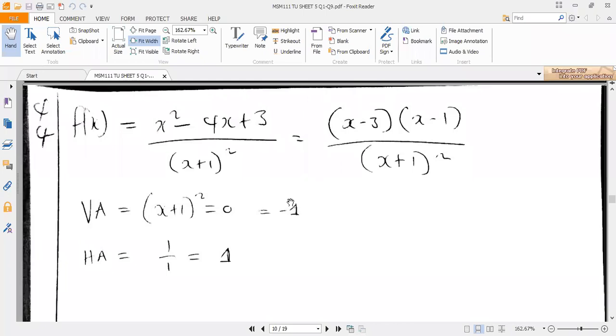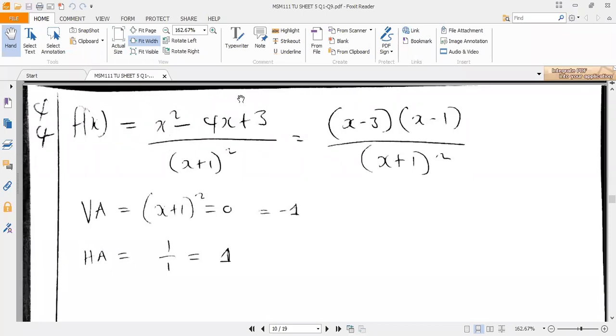Now, what will be our horizontal asymptote? We have noticed that the power on the numerator is x to the power 2, and the power on the denominator is also x to the power 2. So it simply tells you that the powers are equal, so we equate the coefficients.